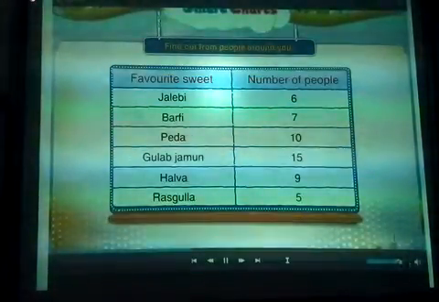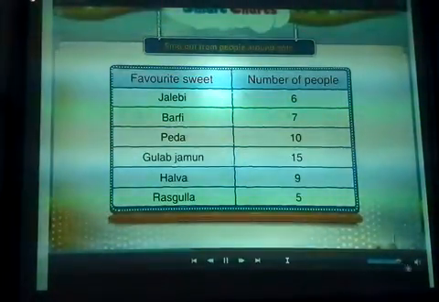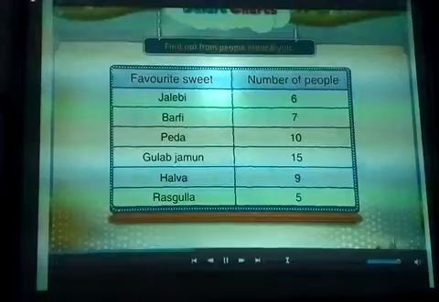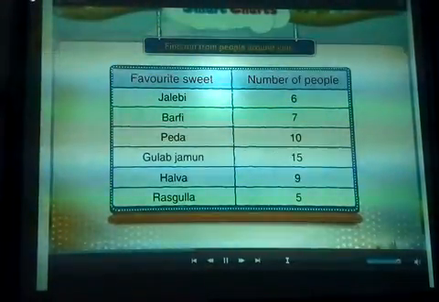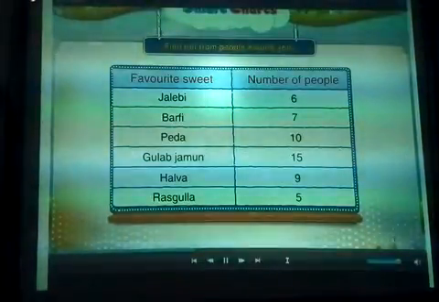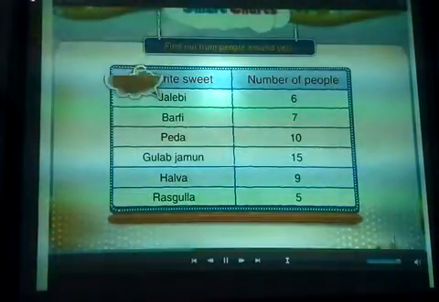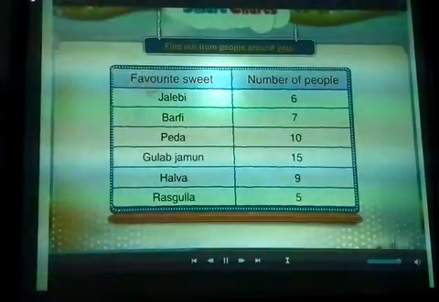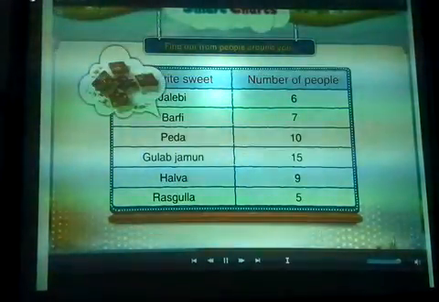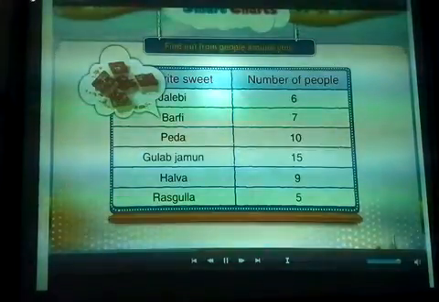Jayesh spoke to people around him about their favorite sweets, and he filled the table given here, which is as follows. The number of people who like jalebi are 6. The number of people who like burfis are 7.